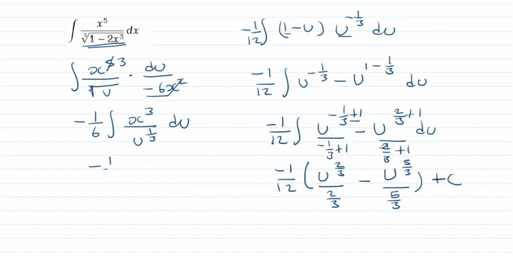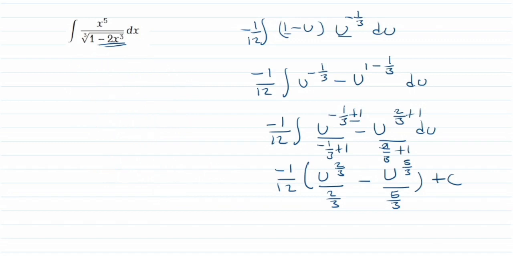So simplifying our expression, we are going to have negative 1 over 12 open. Where there is u, we are going to put the inside function here.